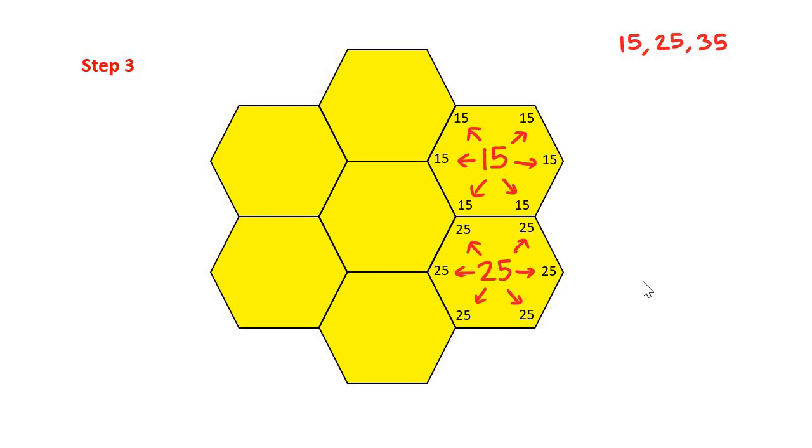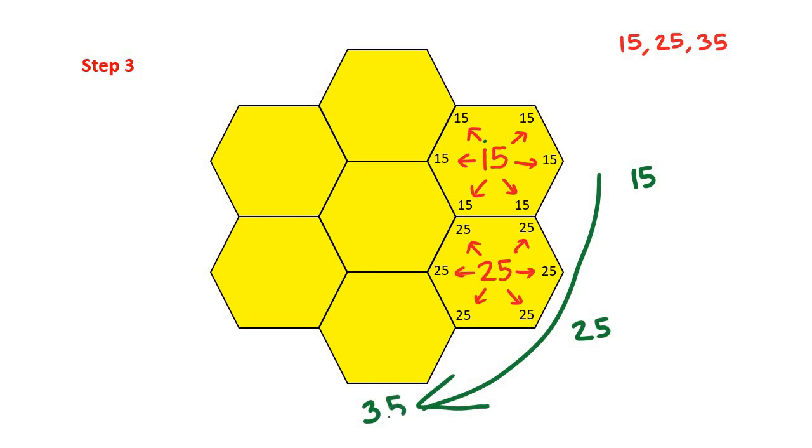So as you can imagine, the next step will be to make this block. So you see, we are moving like this. We have started from this block, and we are moving slowly like this, slowly increasing. Okay, so this was 15, next the 25 block, and this one will be the 35 block.